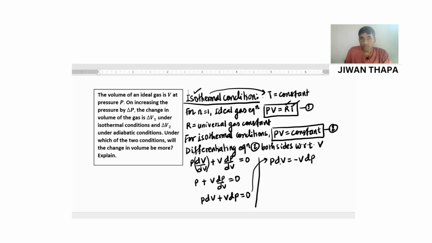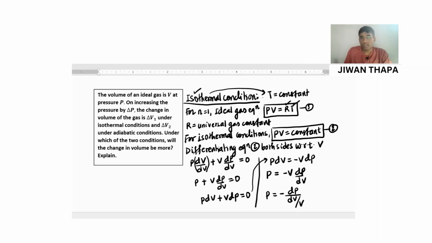Now we can write P equals minus V dP by dV. So P equals minus dP by dV by V, writing volume V in this way.